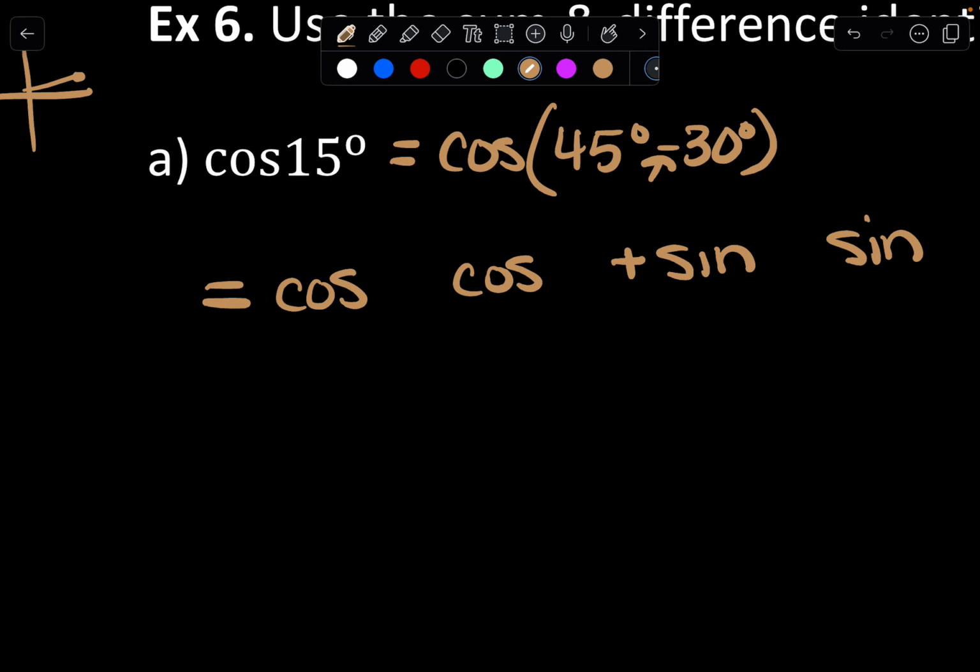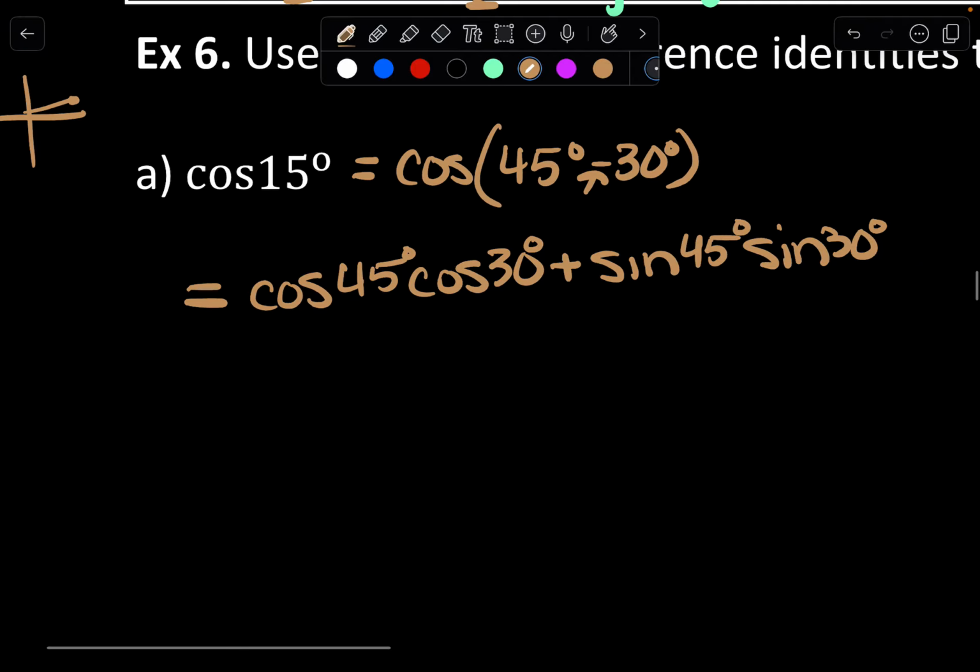Now the input, this one's pretty straightforward. 45, 30, 45, 30. And then don't forget your little degree symbols. So now the whole point of this was to expand it and rewrite it using a difference of angles so that we can evaluate using standard angles on the unit circle. Let me get some space. So cosine, all of these are in first quadrant.